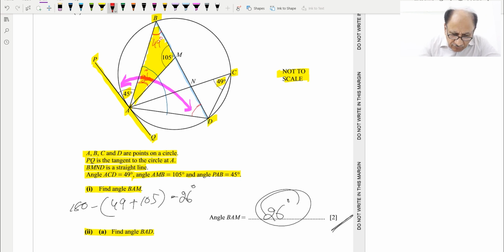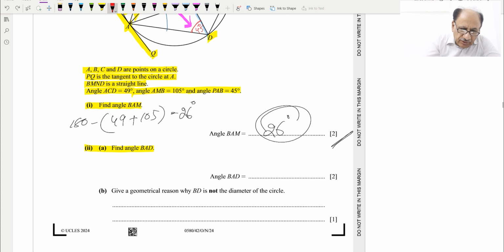So this angle will be 45 degrees, and in triangle ABD we can find BAD will be equal to 180 minus these two angles, one this one and second this one. So these two angles we will subtract from 180 and we will get the answer.